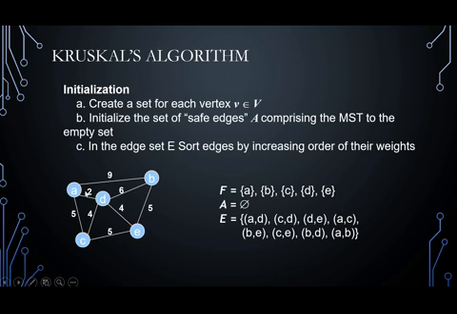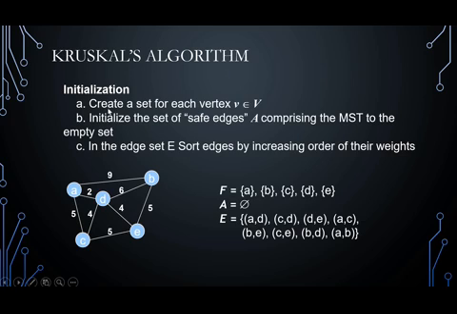See how many vertices are present in this diagram: A, B, C, D and E. You have 5 vertices, so in your solution also you must have 5 vertices. There is no compromise in the number of vertices. The number of vertices present in the problem should be present in the solution as well.